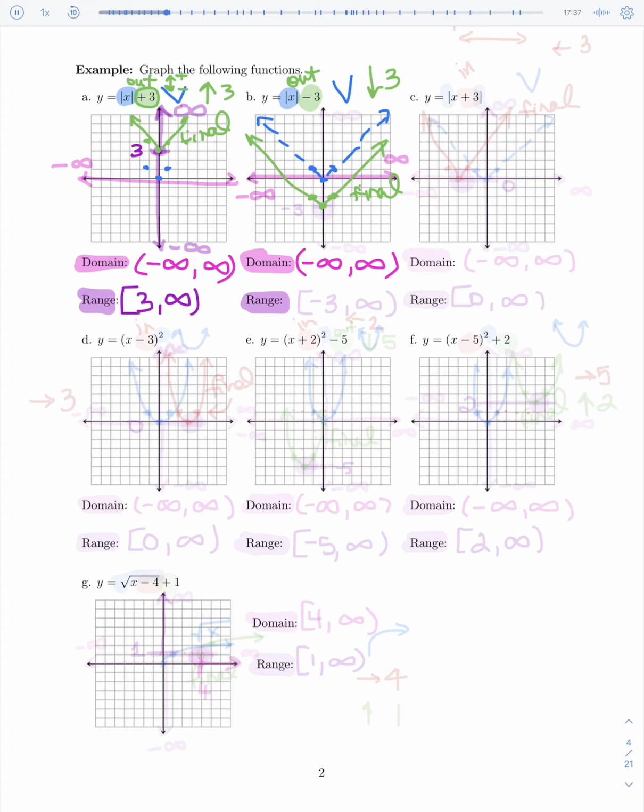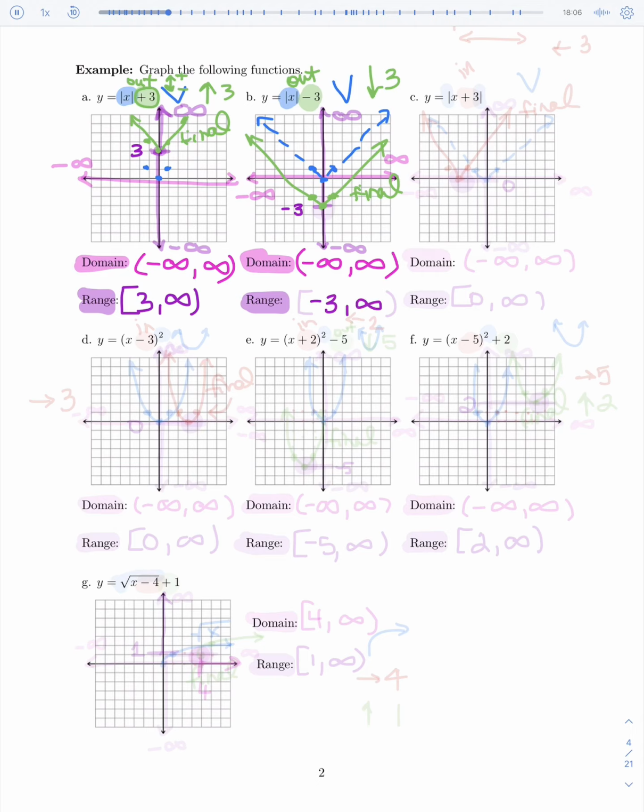The next one is range. We're going to start at negative infinity, the small end, and work our way up towards positive infinity, the large end. Well, starting at negative infinity and working our way up, we notice our graph doesn't even start until its bottom here at -3. Then it does continue in the upward direction towards positive infinity forever. So that means our range is going to be -3 to infinity.